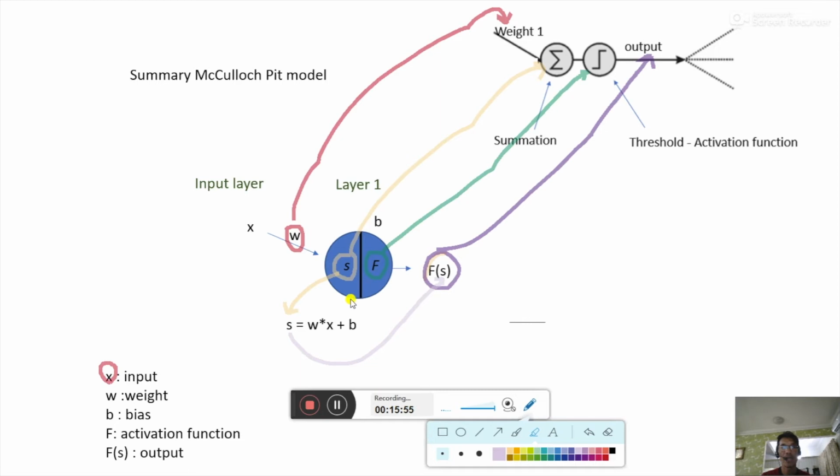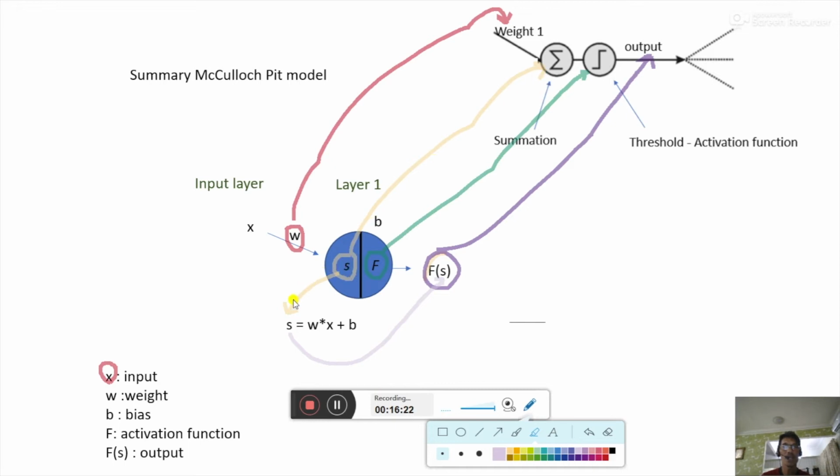I repeat again. The circle is a neuron. In computer science, we call it a node. People basically call it a node, but I call it a neuron because it's clearer. The neuron does the summation.